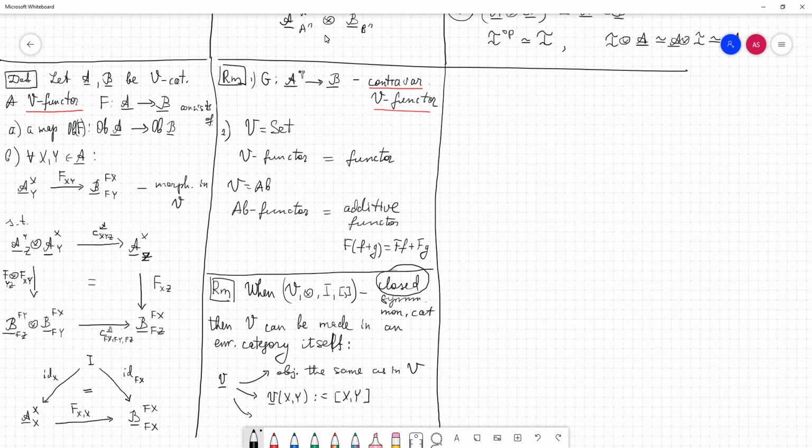And we need two more things that will fill in on the other side.